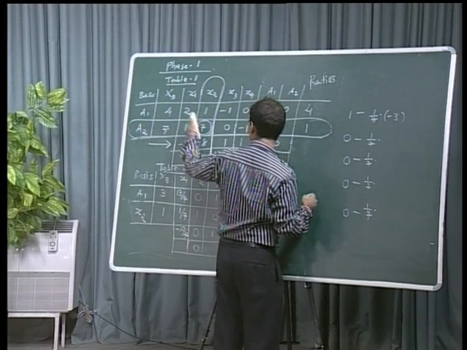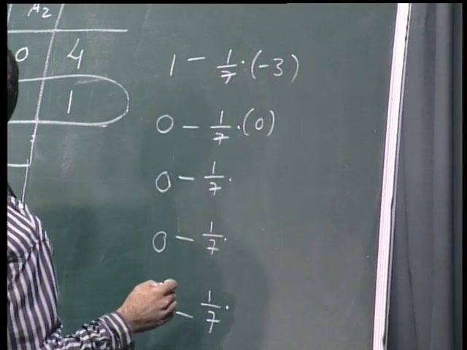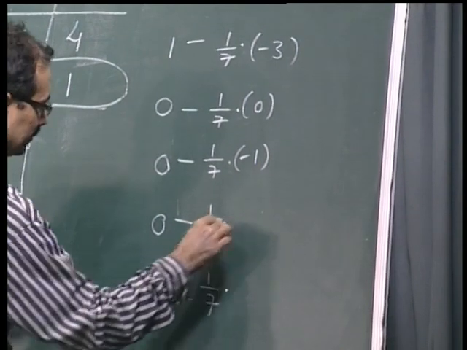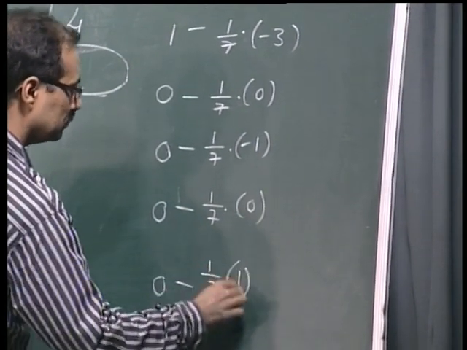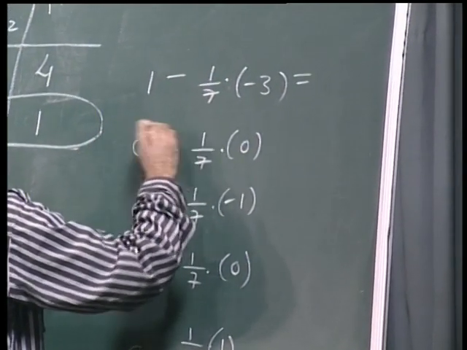For 1 this is 1, for 0 it is 0, for 0 it is minus 1, 0 and 1. So, if we take it, it is 1 minus minus, so plus.